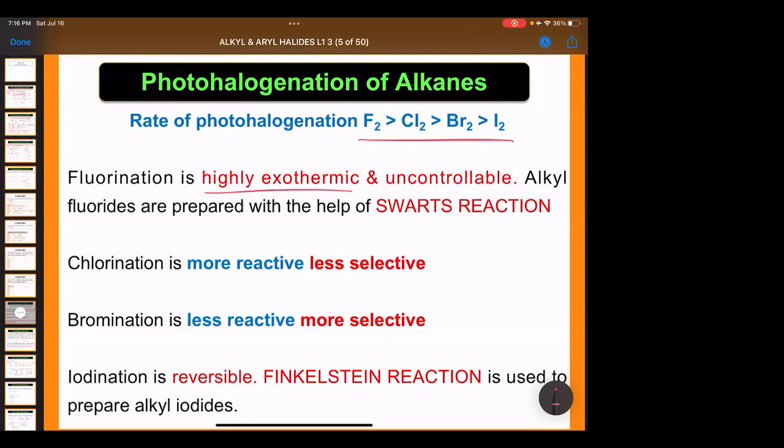I will explain it to you. Schwartz reaction. What you do is, suppose methane is there, you don't go for fluorination directly. What is the reason?